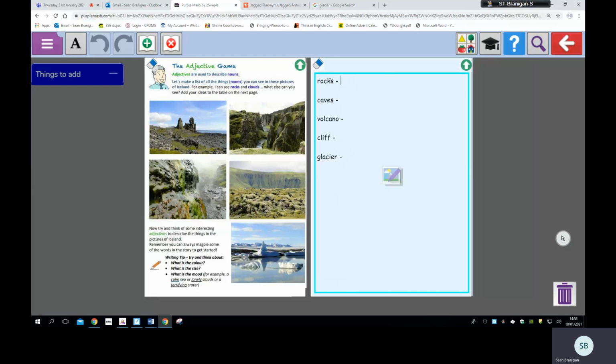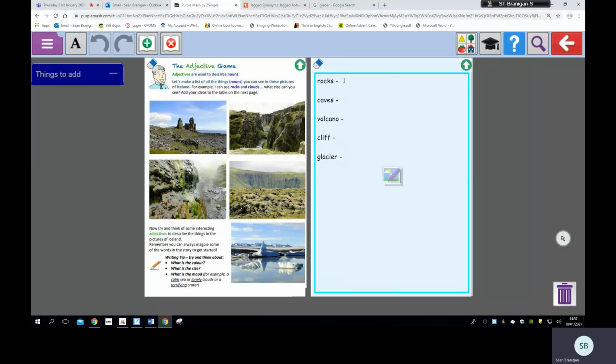So I want you to think of 5 adjectives that describe the rocks, 5 adjectives that describe the caves, the volcano. You might want to do something different. The cliffs, see the cliffs here, or the glacier. Now, you don't need to do these words. Again, just reminding you, you can do your own.